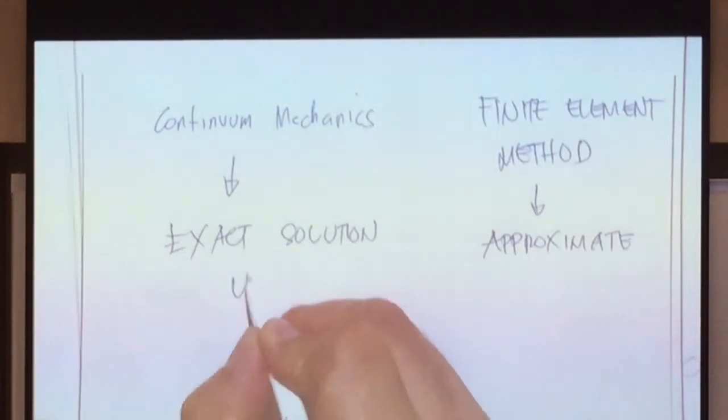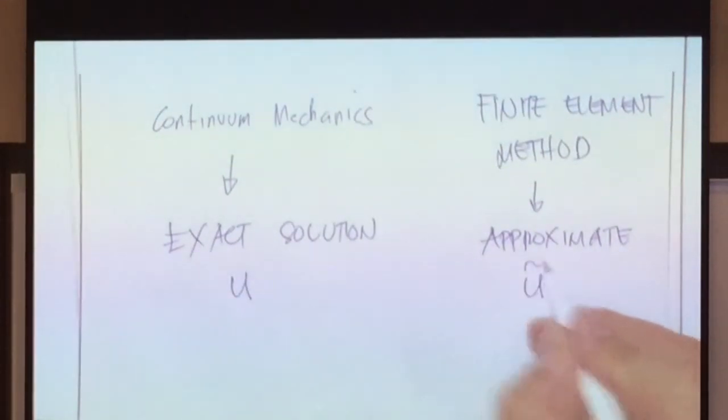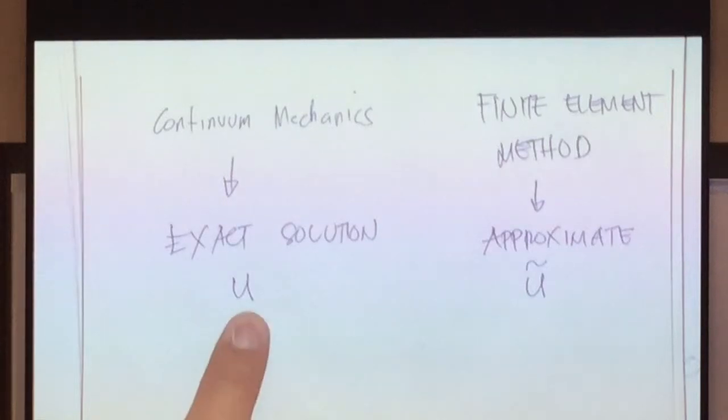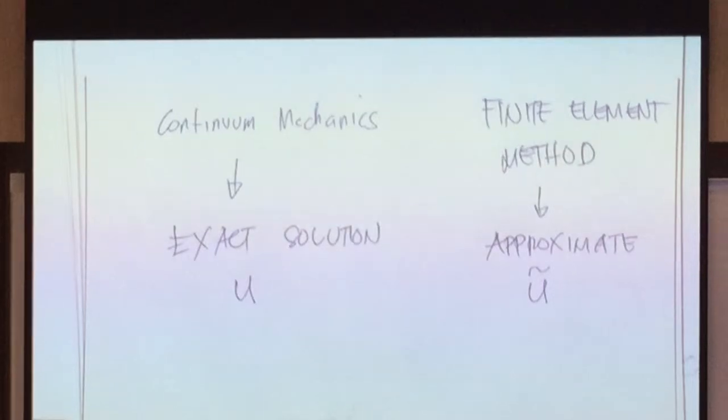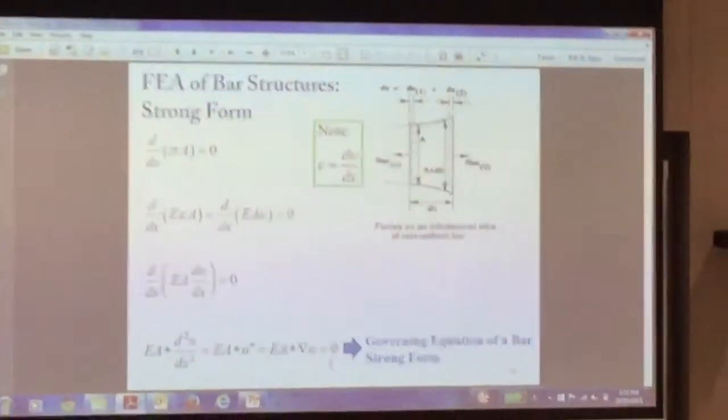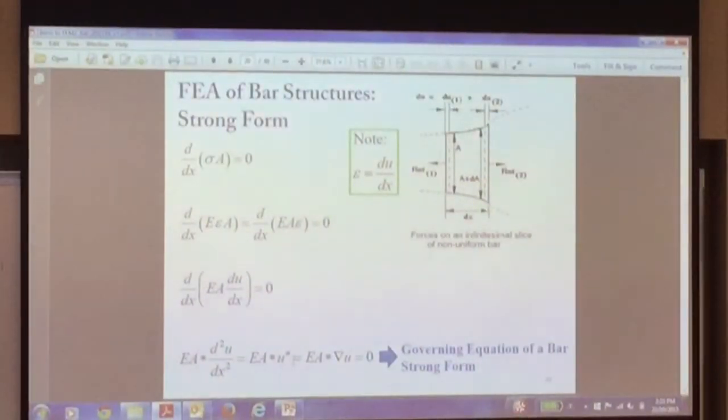So if we're looking at the displacement, here it is exact, and your displacement here will be approximate. So let's look at the bar. For your governing equation for a bar, you have this equation here: EA u double prime equal to 0.